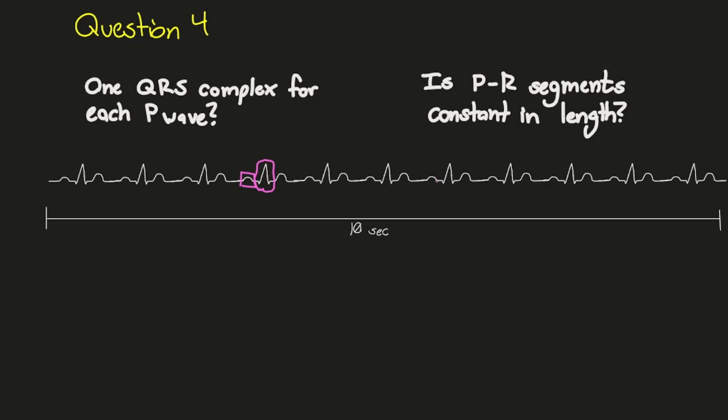So this little area in between our P wave and our QRS complex, or our Q wave to be more specific. And if these lengths are all constant along our EKG, that's normal. And later when we look at the other blockages, we can see the difference fairly easily.